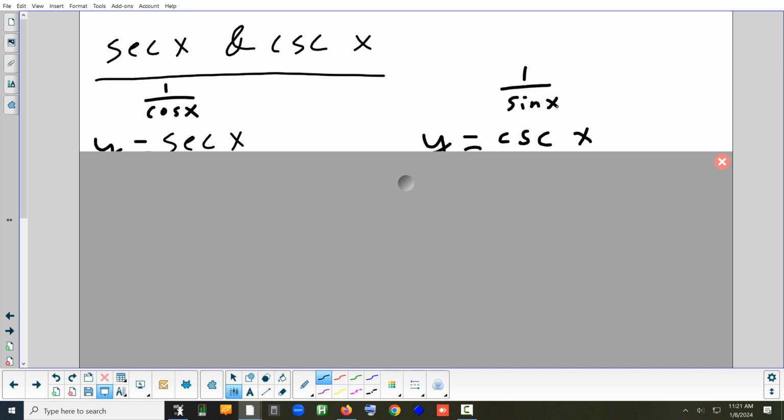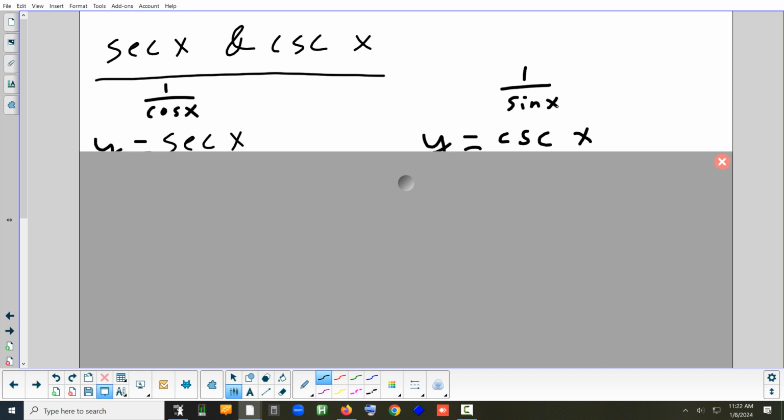What's the y value where it crosses the x-axis? Yeah, 0. So that means secant is going to have what in it, based on the fact that cosine can be 0? And in a graph, that would show up how? Yeah, it's going to have vertical asymptotes.